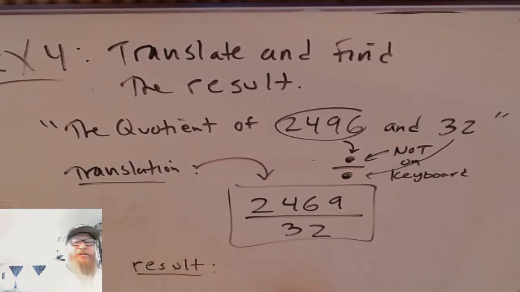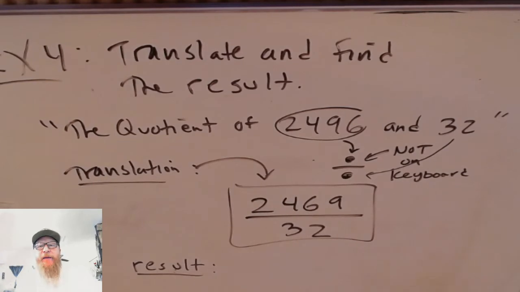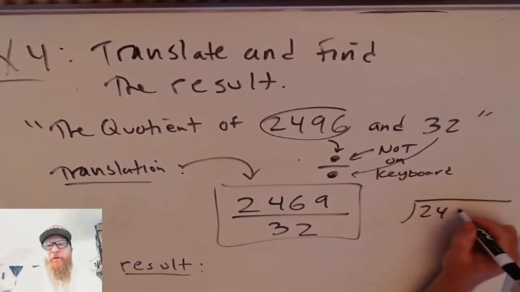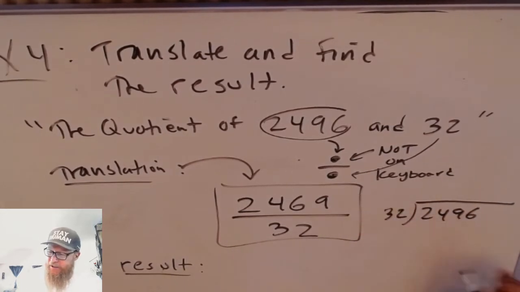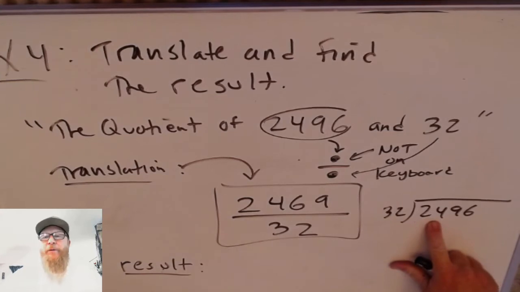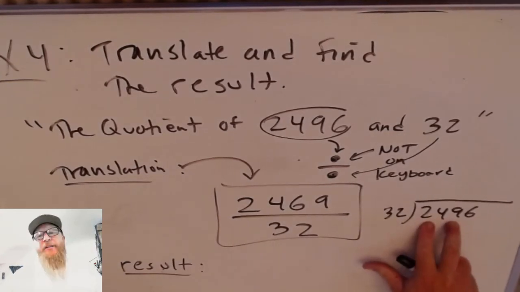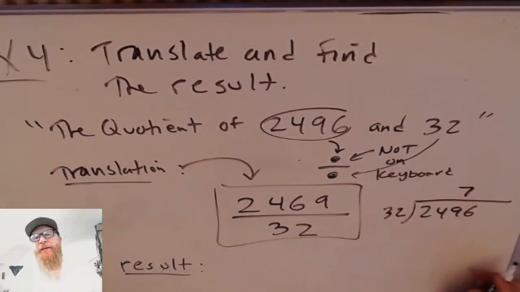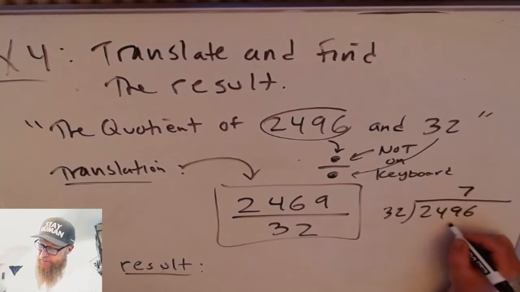All right. The result is, well, whatever we get. I don't know if I can do this one in my head, so we'll do 2496 divided by 32. So 32 does not go into 24. 32 does go into 249, about 7 times. 7 times 2 is 14.